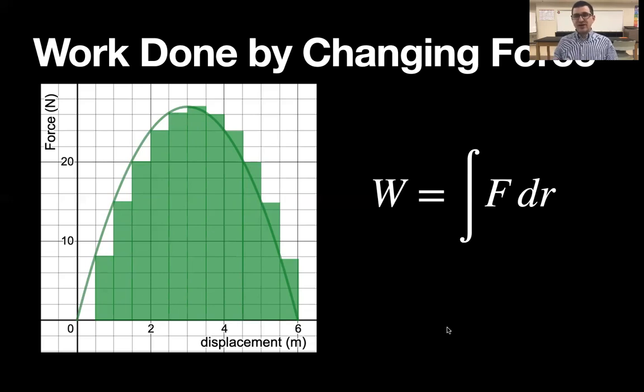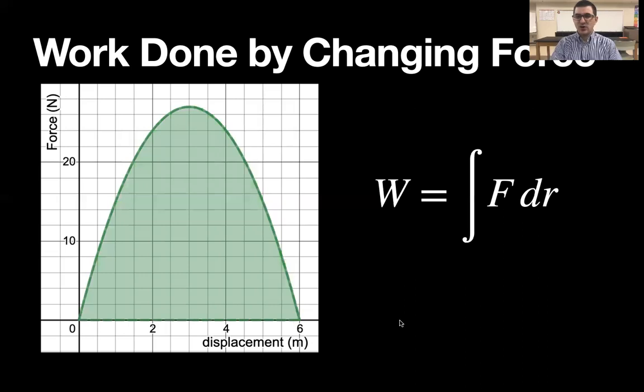So instead of making the width of the rectangle really small, like 0.01, let's make the width of the rectangle infinitely small. Let's find the limit as the width of that rectangle goes to 0, an infinitely small rectangle, and then a whole bunch, maybe an infinite amount, of infinitely small rectangles, and that's integration.